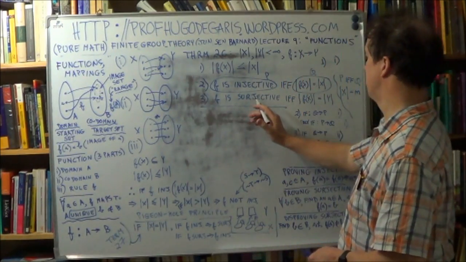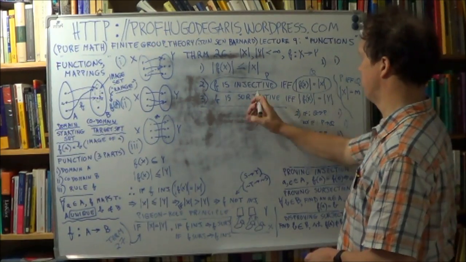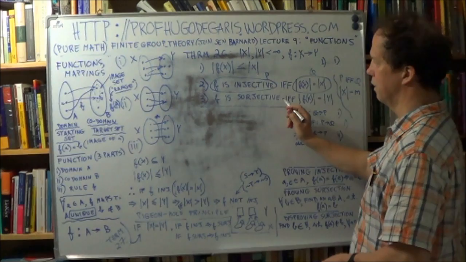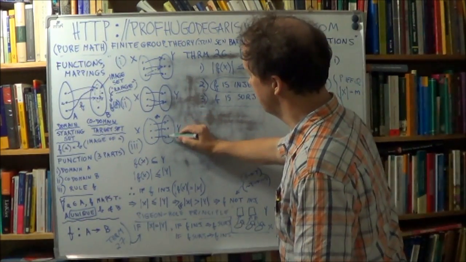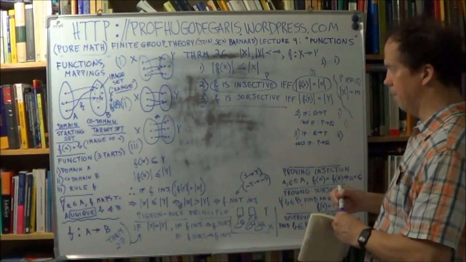And we're now going this way, from left to right. We're told it's surjective, so each one is mapped.